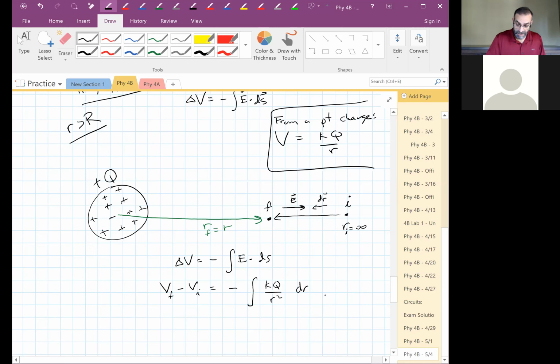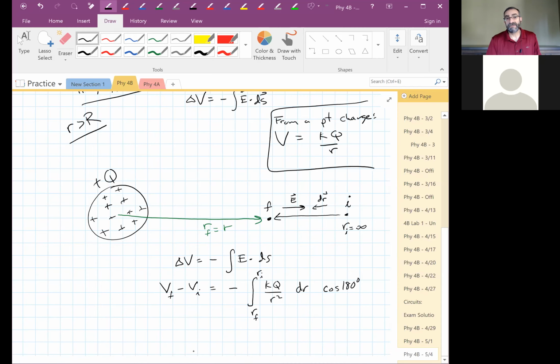So the dot product gives me a cosine 180 because the electric field and the dr are, when you put their tails together, you get an angle of 180 degrees. And then my limits of integration are always from the small number to the large number. So this would be R final to R initial, because initial is bigger than final. So I believe that's how you set up this integral.